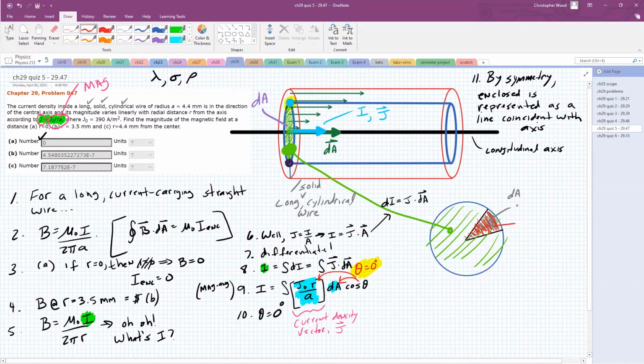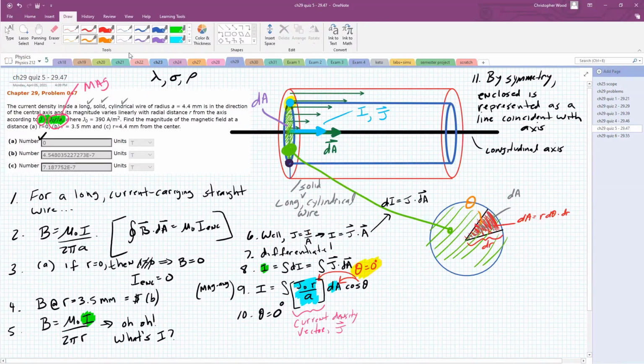So I could just say, dA equals one arc length, which is r d theta, times dr of them. R dr, yeah. So that's good. So this is dr, and this is theta.